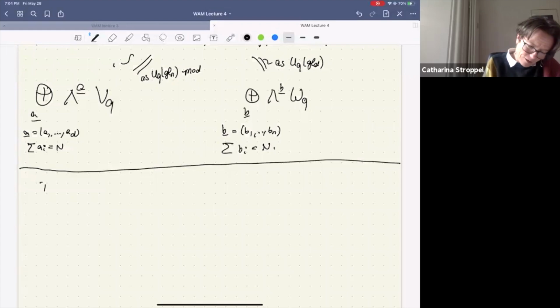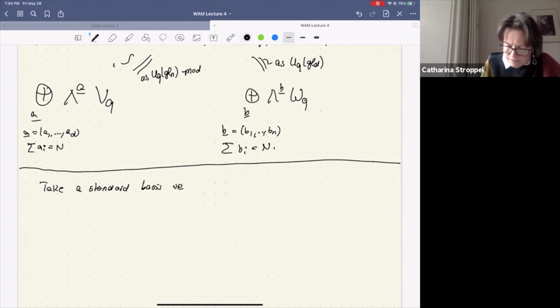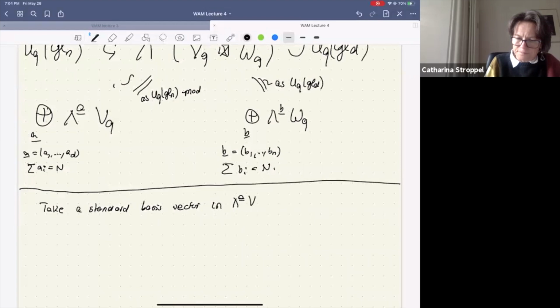Okay, so what do I want to do? I want to take a standard basis vector in the wedge^A V. So this is inside here. And I want to realize this stuff as a Grothendieck group of something.